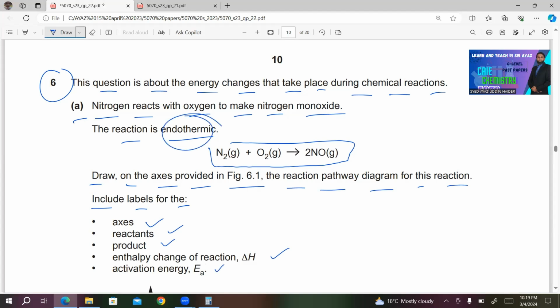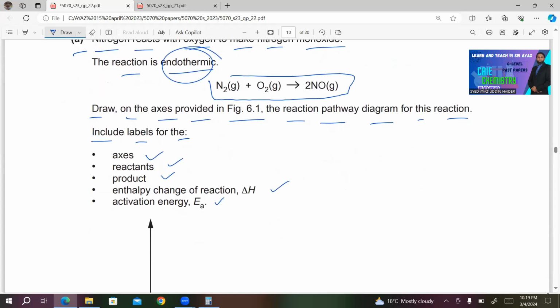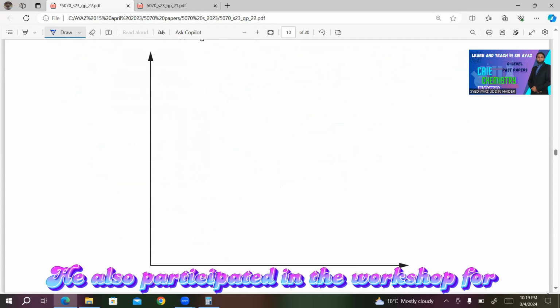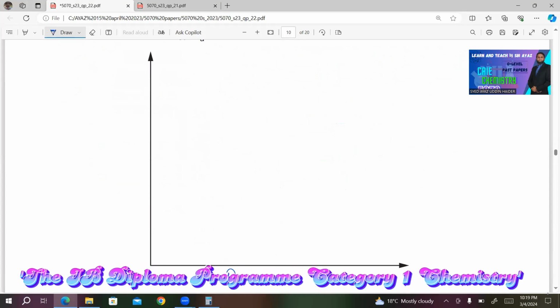The reaction is endothermic. So it means that the product must be at the high energy state. First of all I'm going to label the axis. On the x-axis you have reaction pathway or time.